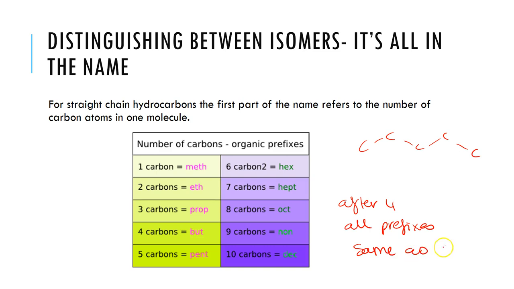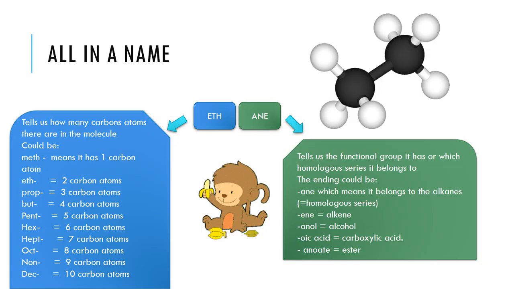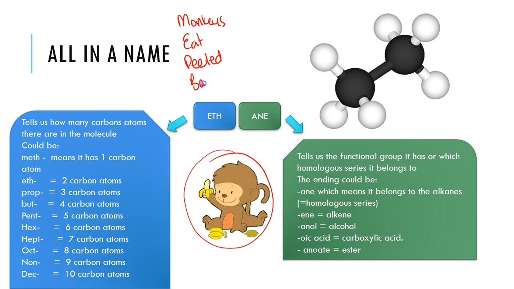Okay, it's the first 4 that are a little bit harder to remember, and there's a way to actually remember it, and that's what this guy is here. The way to remember the first 4 is the mnemonic: monkeys eat peeled bananas.